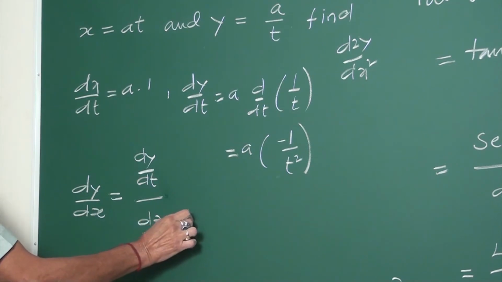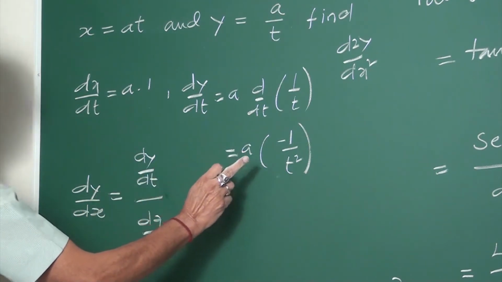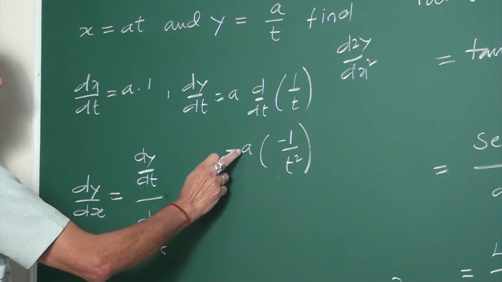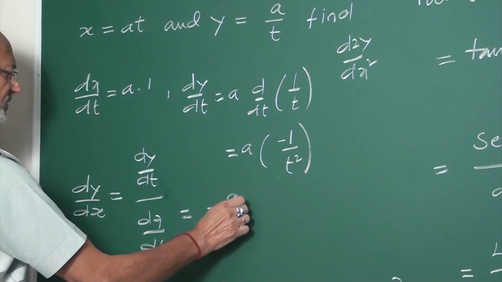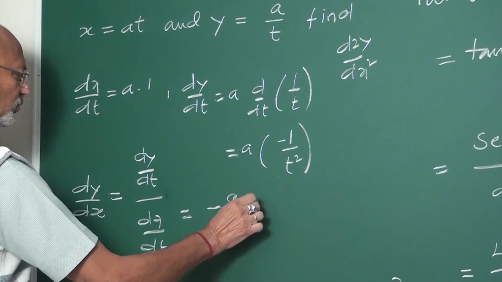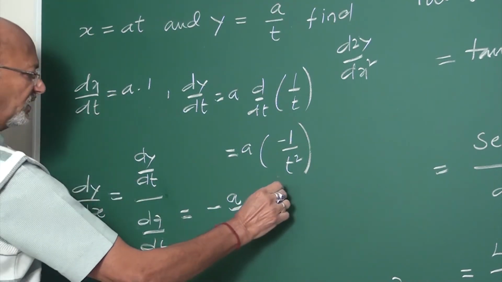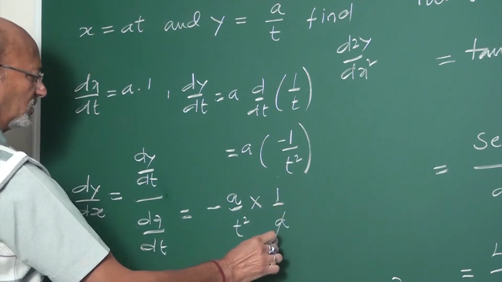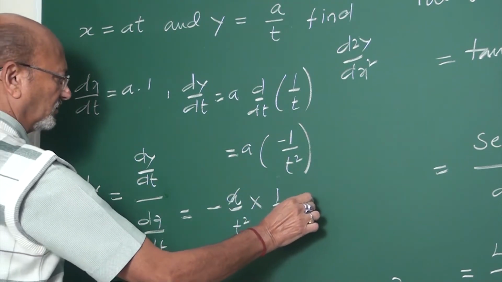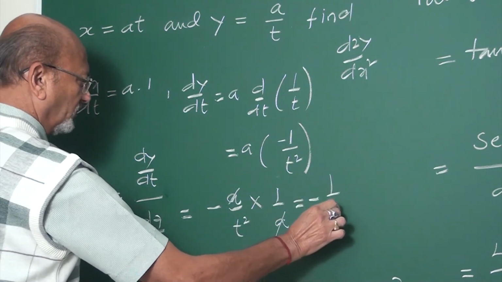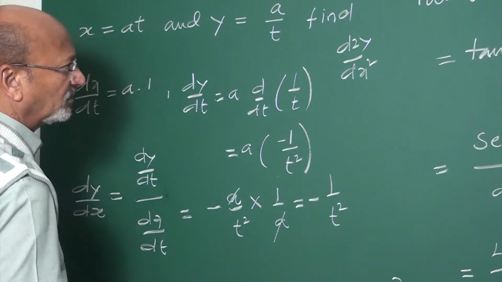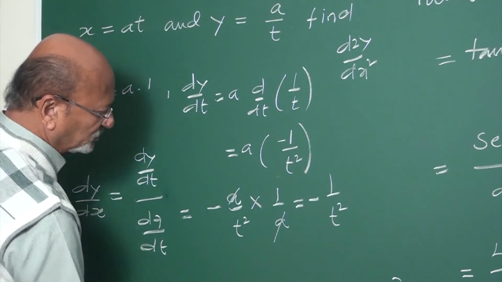Substitute dy by dt, it is minus a by t square. Reciprocal of this, down is a, reciprocal. Cancellation, my friend, it is minus 1 by t square.